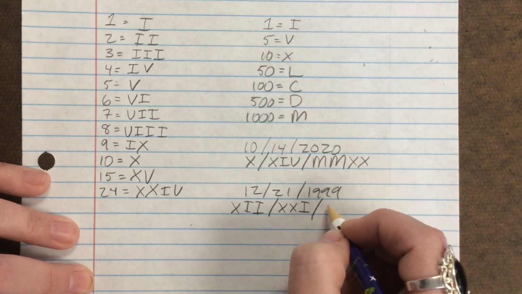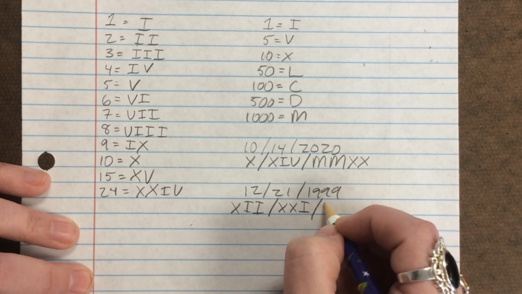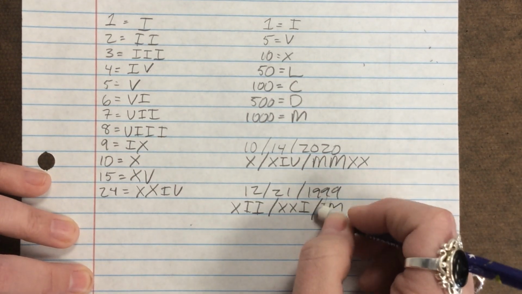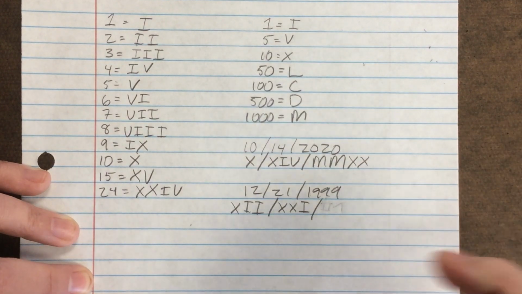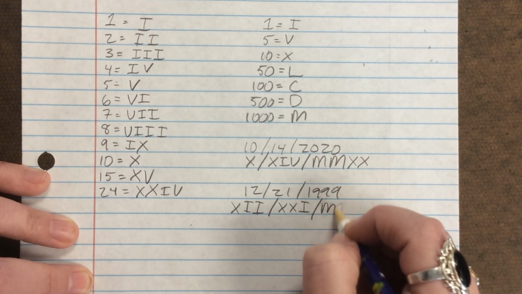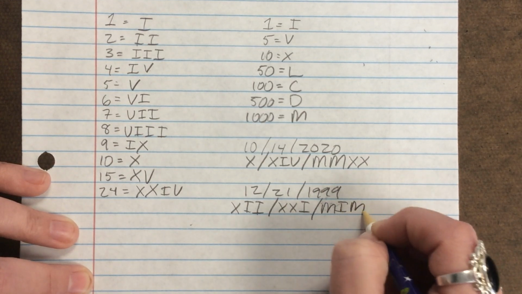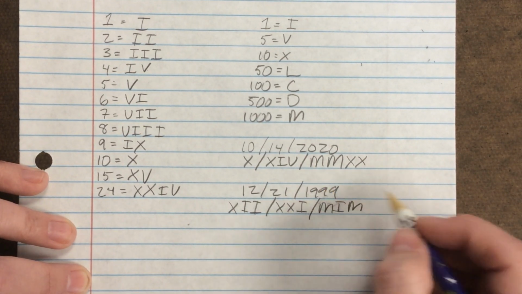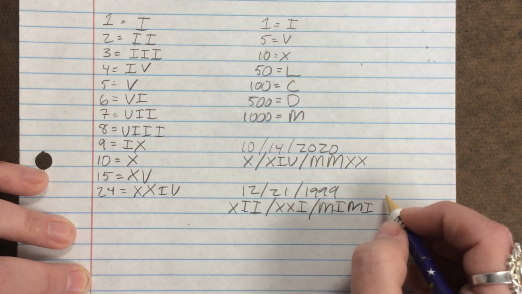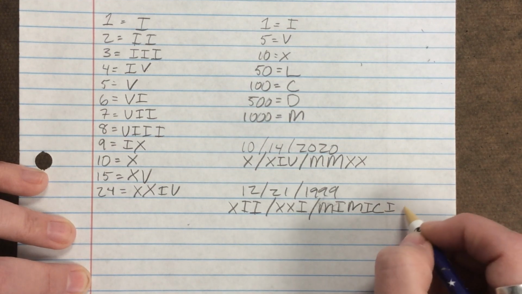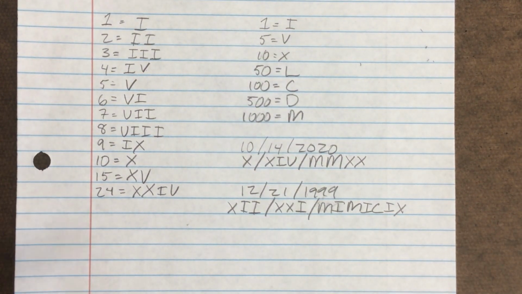Actually, we could be sneaky on this one and do a 1 less than 1,000. But if we spell it right out, 1,000 is M, 900 is going to be 1 minus M, and then 90 is 1 minus 100, and then 9 is 1 minus 10. So you can see the 1900s were a little bit more cumbersome when it comes to Roman numerals.